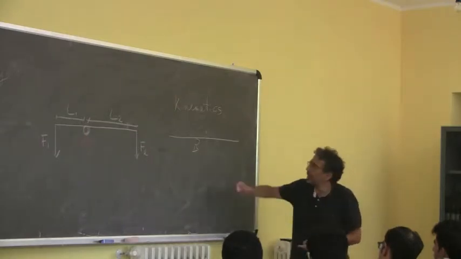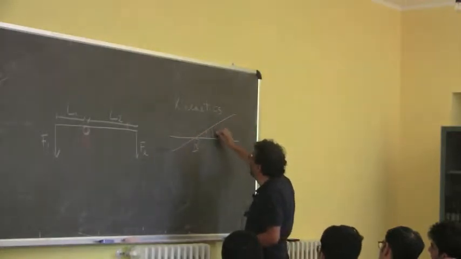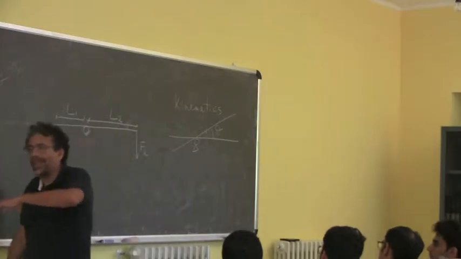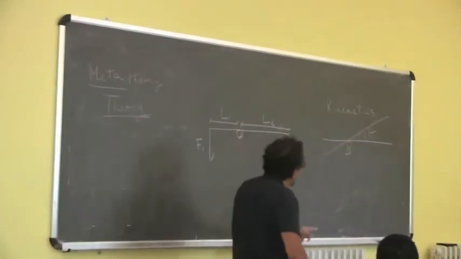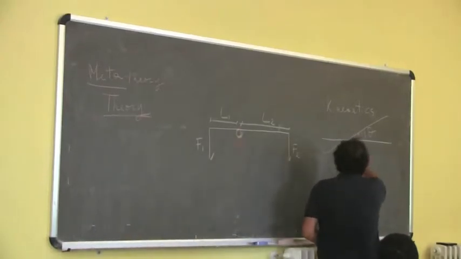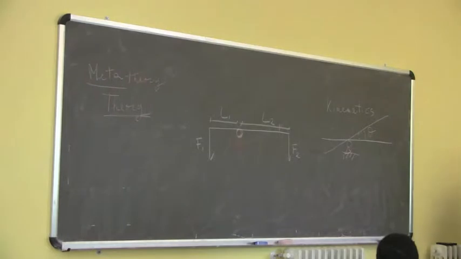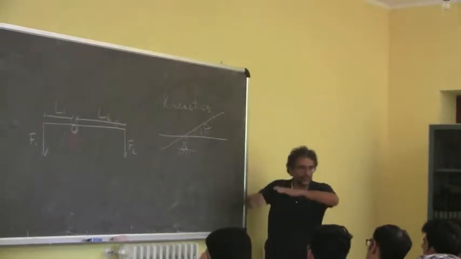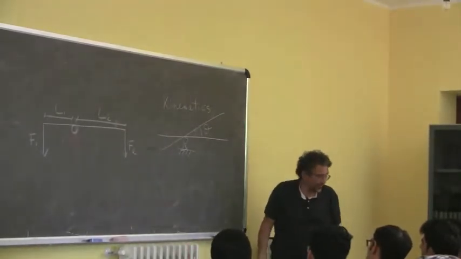How many degrees of freedom do you have for a lever? One. The possibility of motion of this lever is the angle of rotation around the pivot which you have placed. So you have a one-to-one correspondence between the angle theta and the state of the lever.